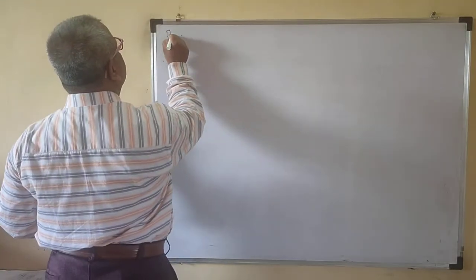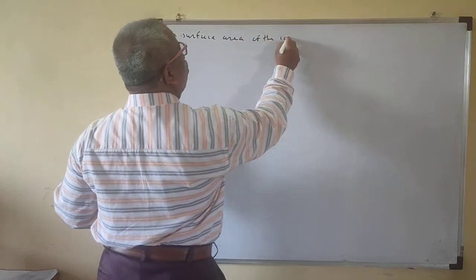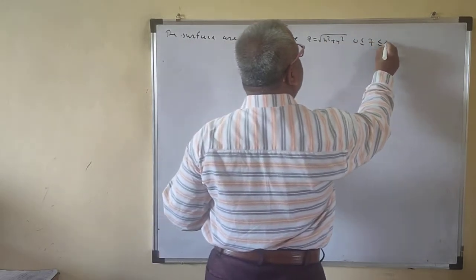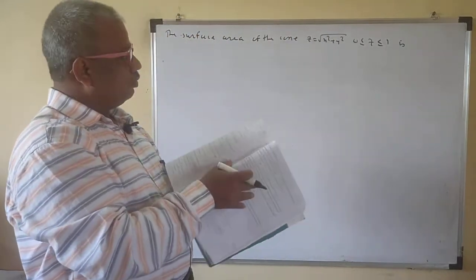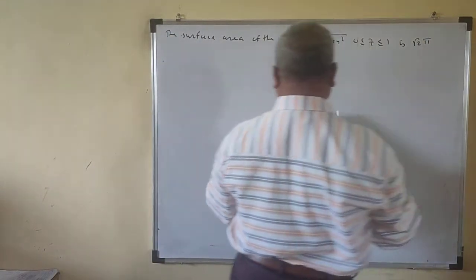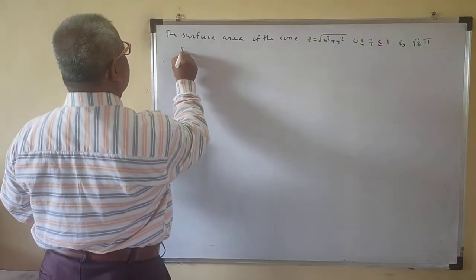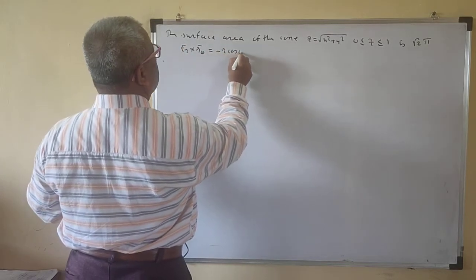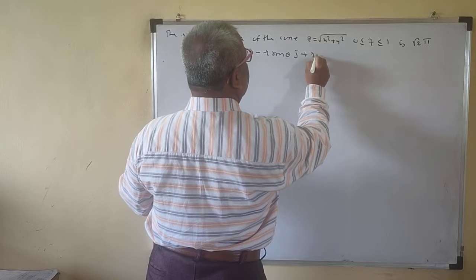Now the surface area of the cone z is equal to root of x squared plus y squared, 0 less than z less than something, we directly write the value of this one. Here we note that r bar of r cross r bar of theta is equal to minus r cos theta i bar minus r sin theta j bar plus r k bar.